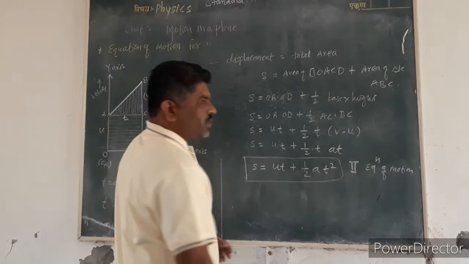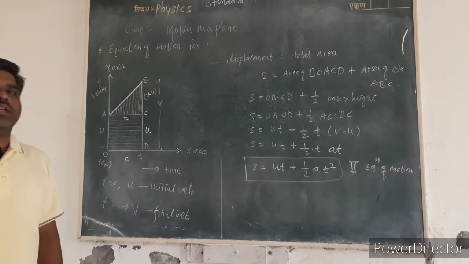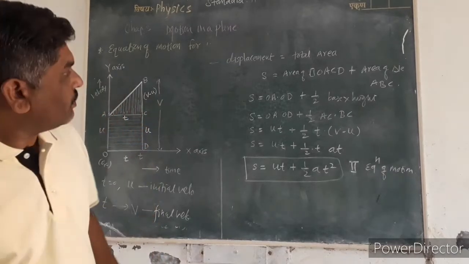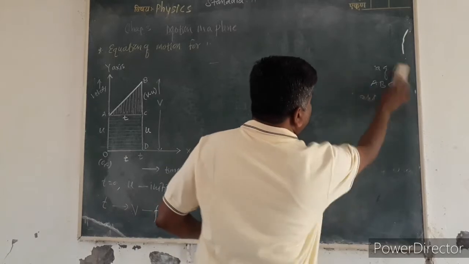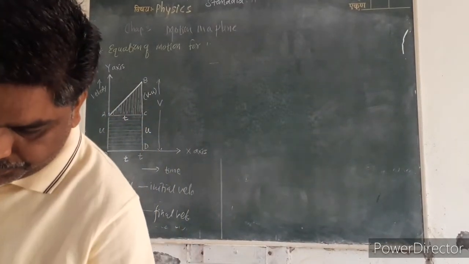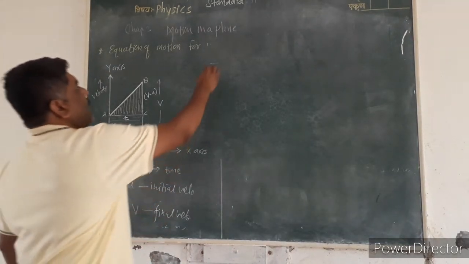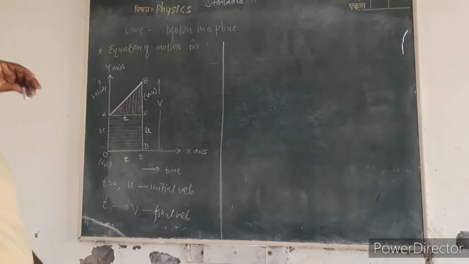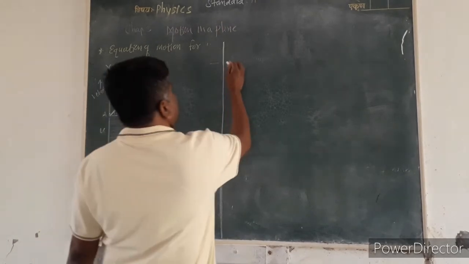We saw the first equation of motion and the second equation of motion. Now let's go to equation number 3. How will we get equation number 3? In our graph, the body attained constant or uniform acceleration.